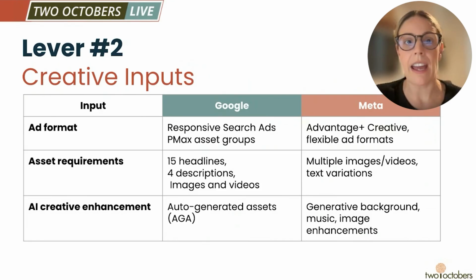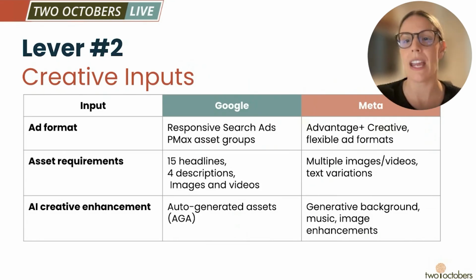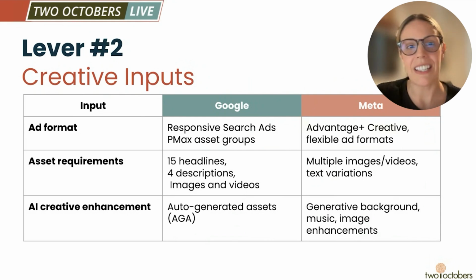Similarly, Meta has Advantage Plus creative options. It has flexible ad formats that use visual images as well as text variants to help deliver the right text to a specific persona or a specific audience. And one thing that both of these have started doing is using auto-generated assets.